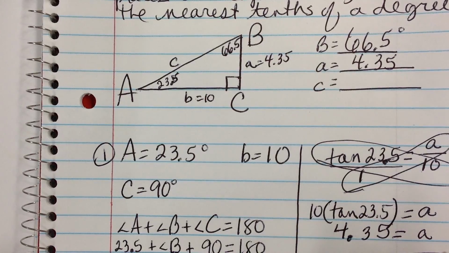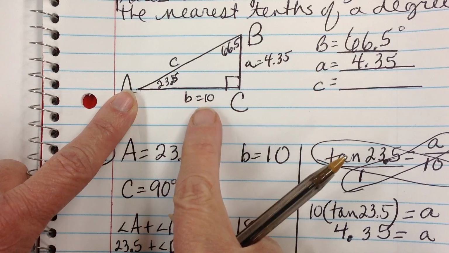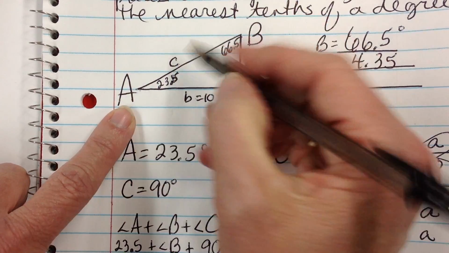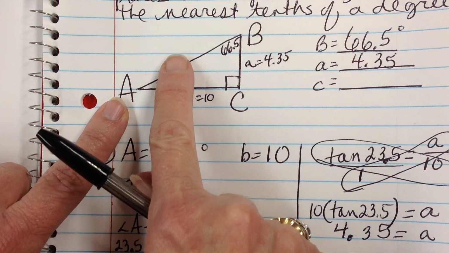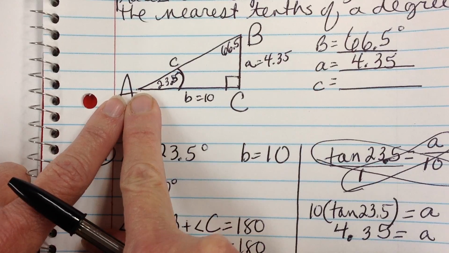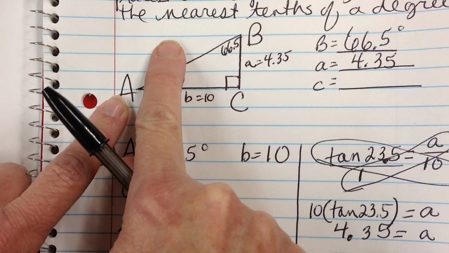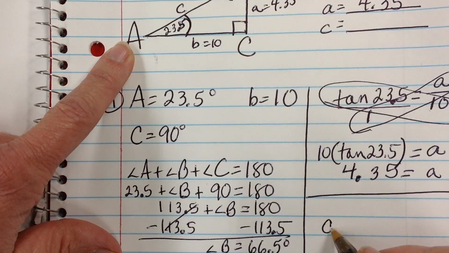So what trig function involving angle A uses adjacent and uses the hypotenuse? Now here's angle A. b is adjacent. c is the hypotenuse. So what trig function involves the adjacent and the hypotenuse? That would be cosine. So I'm going to set up another proportion.